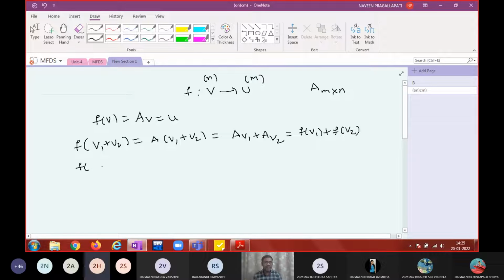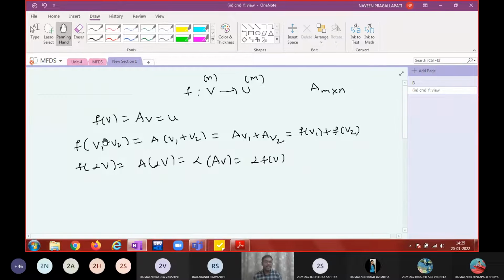Similarly, what is f of alpha v? This is A into alpha v. You can bring the scalar outside in matrix multiplication, so alpha times A v is nothing but alpha f of v. Therefore f is satisfying both the conditions, which means f is a linear map.